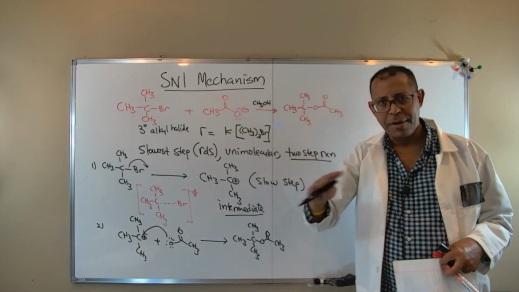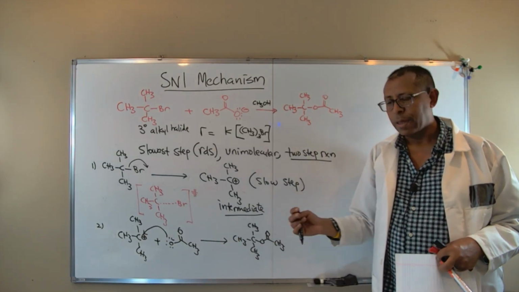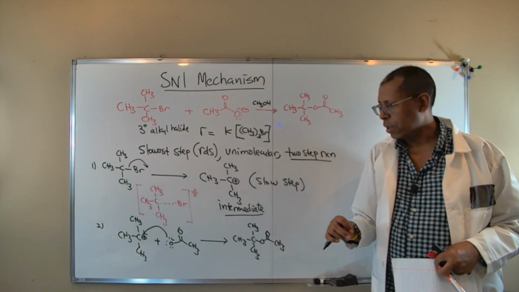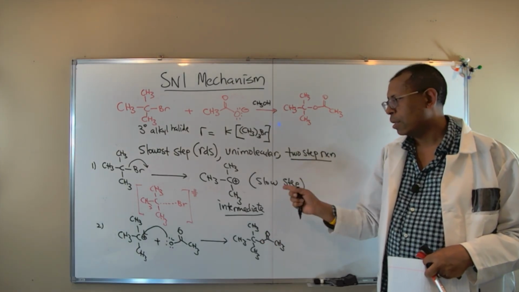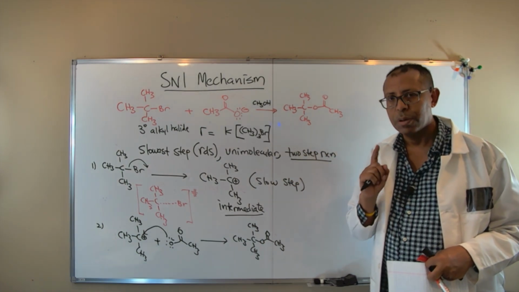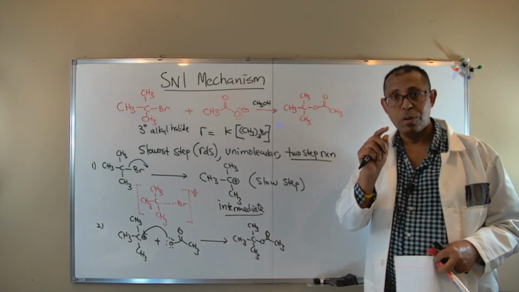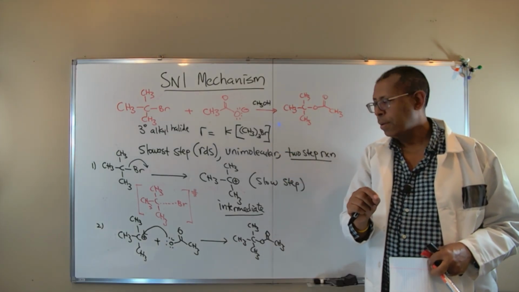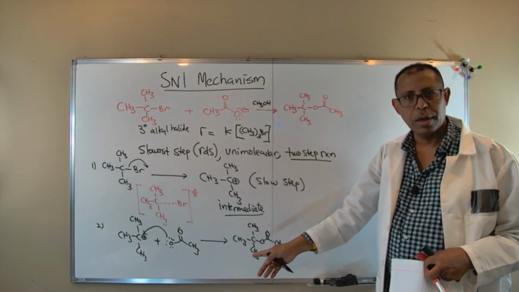The second step is fast, and doesn't determine the rate of the reaction. So it is a two-step, but it is a unimolecular reaction. Remember, don't confuse. Unimolecular because the rate is determined only by the alkyl halide. It is a two-step reaction.